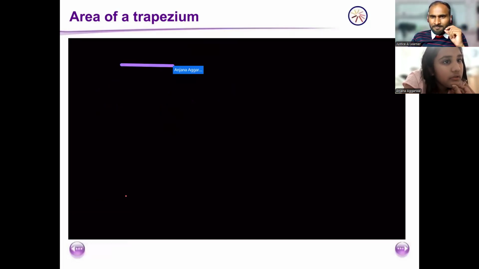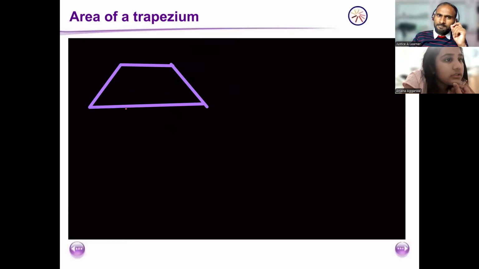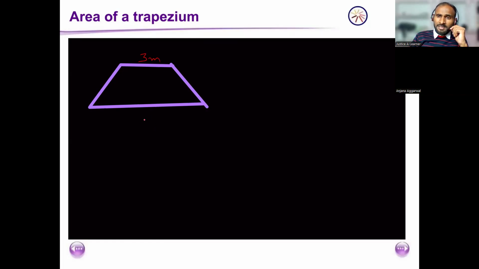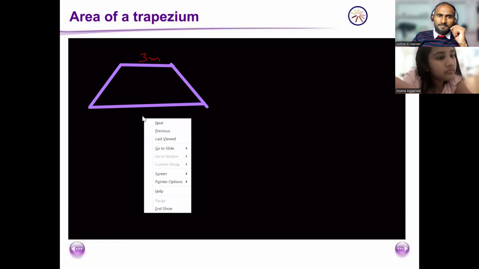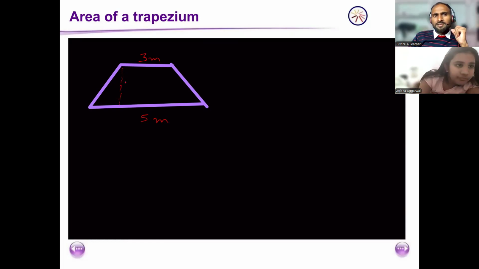Draw it well. Not bad. Okay, so let's say this is 3 meter and this is 5 meter, and let's say the height that is given in the question, because height will be given in the question, this height is 4 meter.